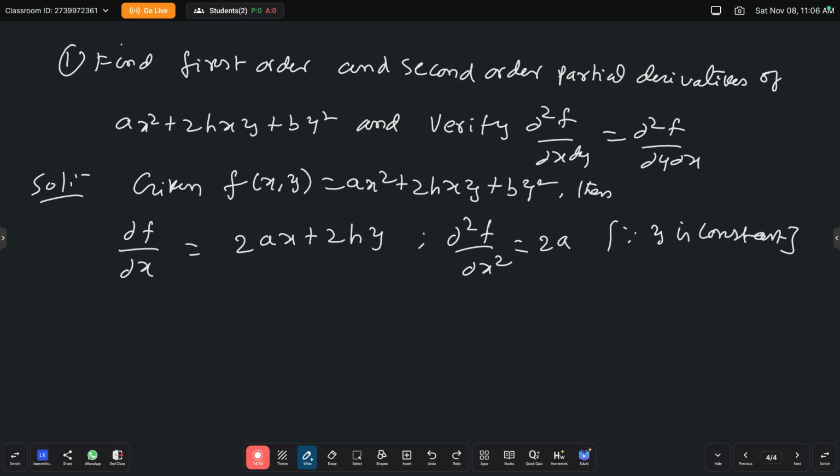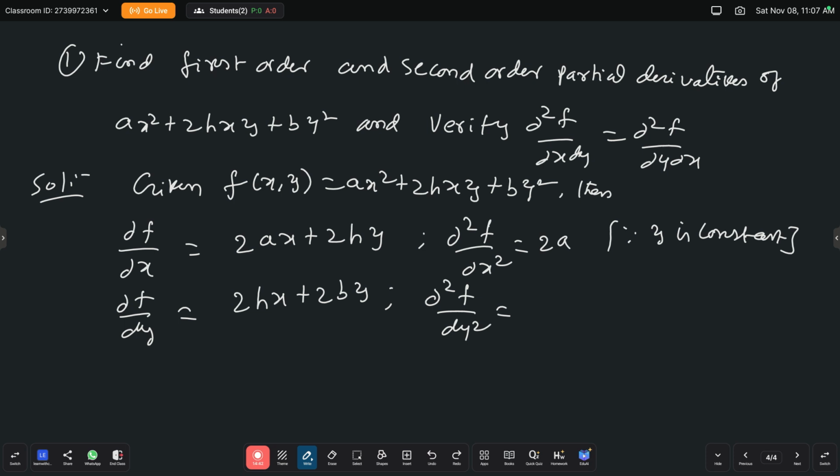Again, ∂f/∂y with respect to y. With respect to y, x is a constant. Now, 2hx + 2by. So again with respect to y, 2hx is a constant because x is a constant.